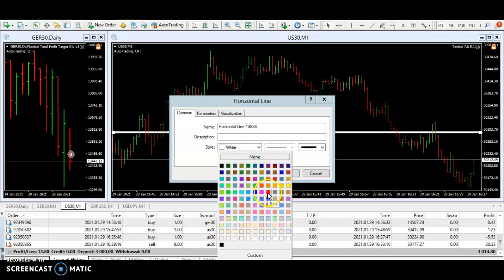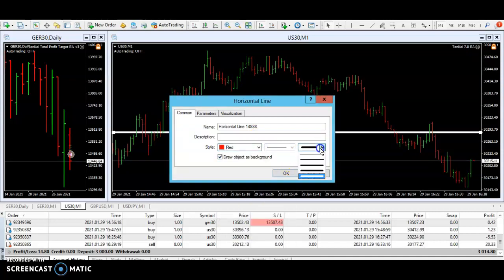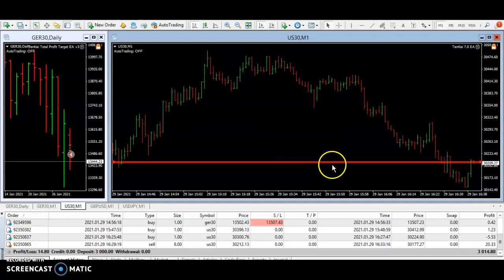Okay, so red. Bring this down to 1, 2, 3 here. So that's where it's sold. Okay. Let's double click that. So it's a sold price right on there. So that's where it's sold.